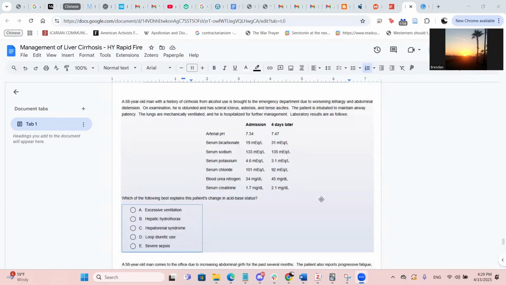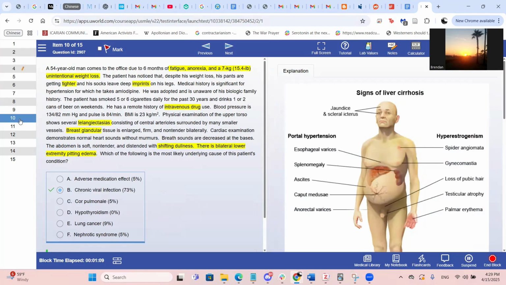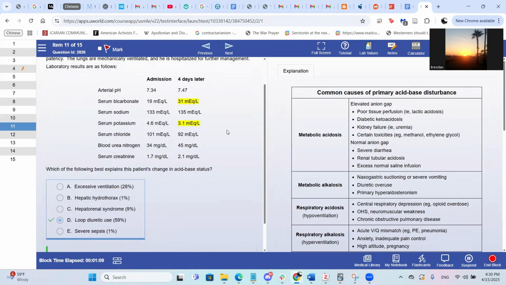All right, so you can pause the video and read through this question. So the answer for this one would be loop diuretic use.